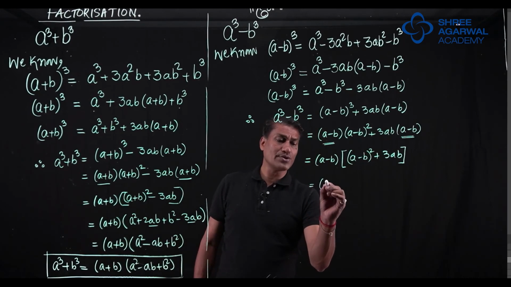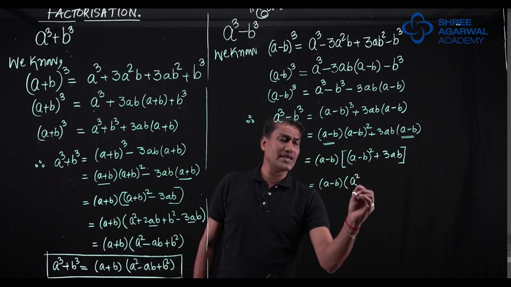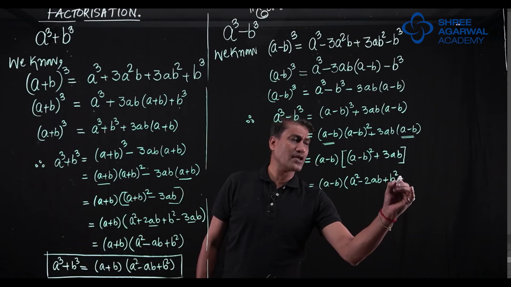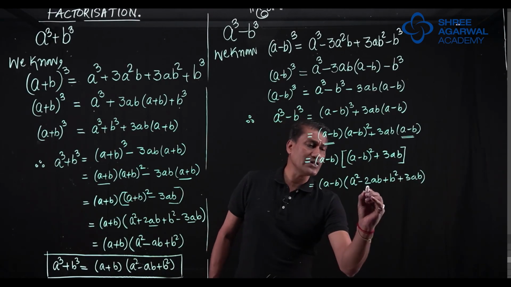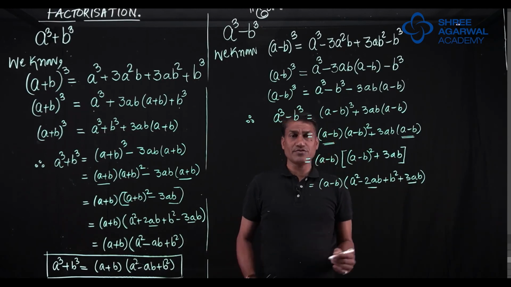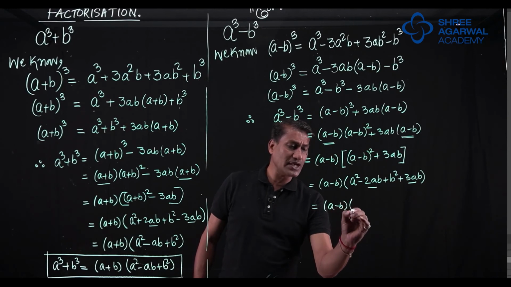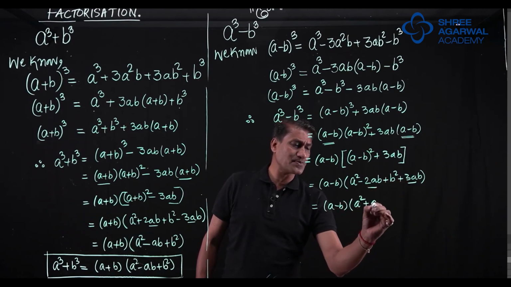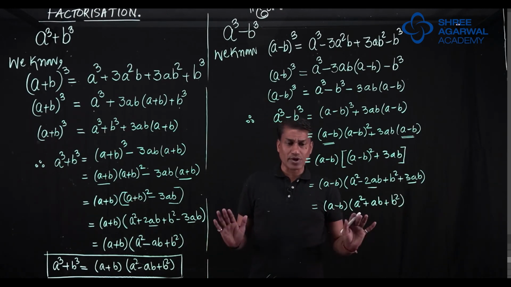So this is equal to a minus b into a minus b bracket square, which means a square minus 2ab plus b square, plus 3ab. Now these two terms are like terms, we can add them. So this would become a minus b into a square, minus 2 apples plus 3 apples is plus 1 apple, plus b square. Matter is over.